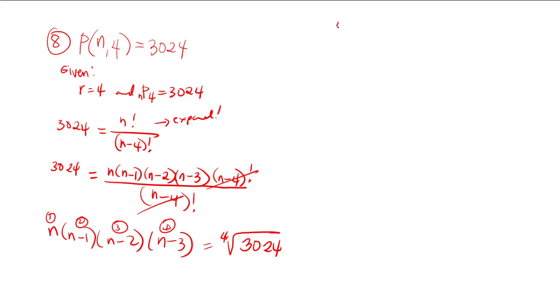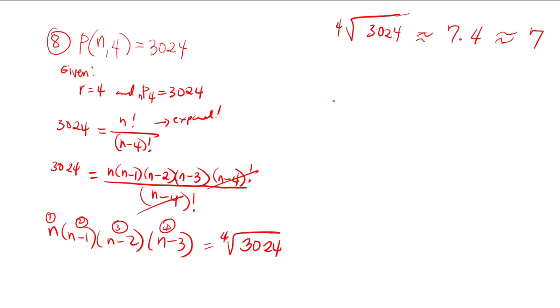Pagdating mo doon, hanapin mo na yung fourth root ng 3024. Fourth root of 3024 is 7.4, and that is approximately equal to 7.